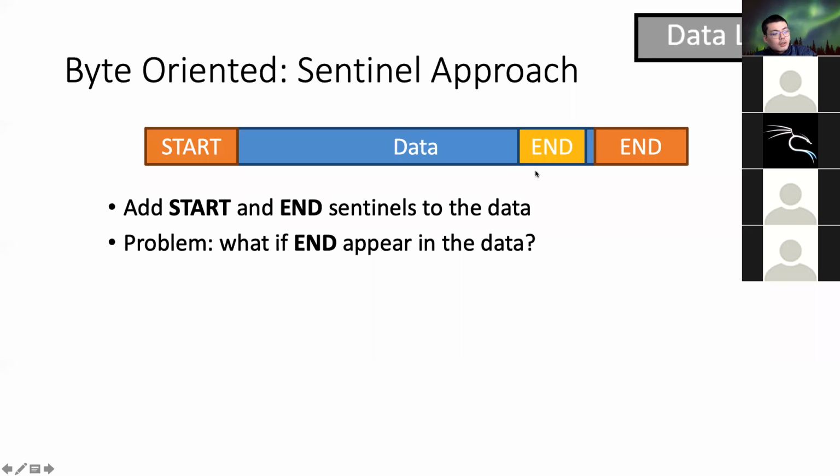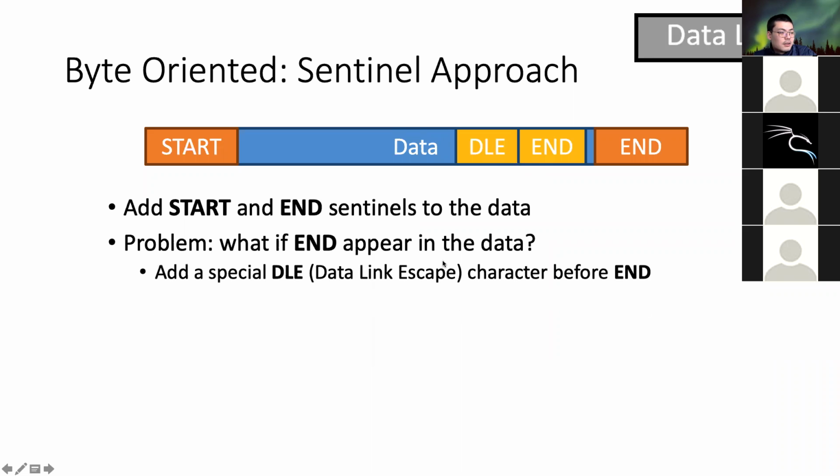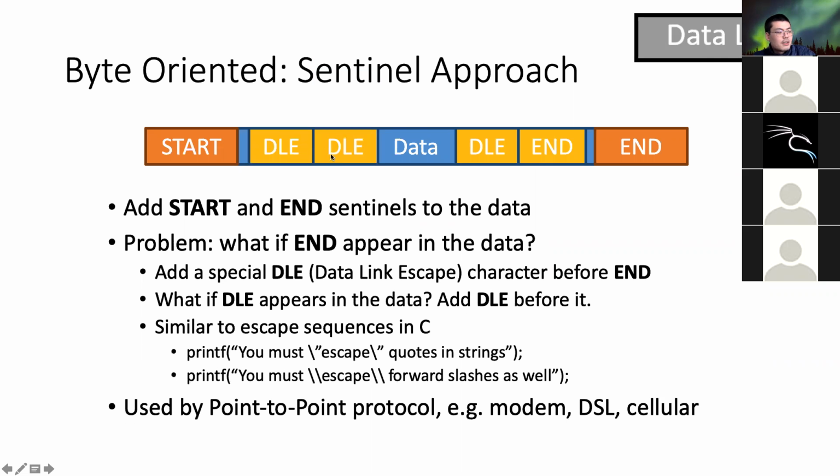To avoid this from happening, you need a data link escape (DLE). So if you see DLE in our question, it is talking about this slide, so don't get confused. Even if you have DLE or any special token in the data, you should do an escape. So this is one method.